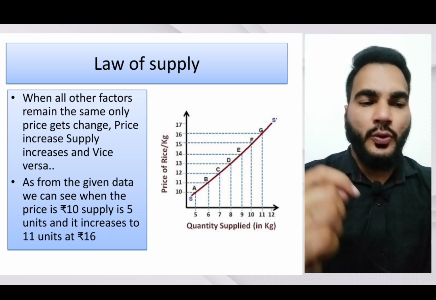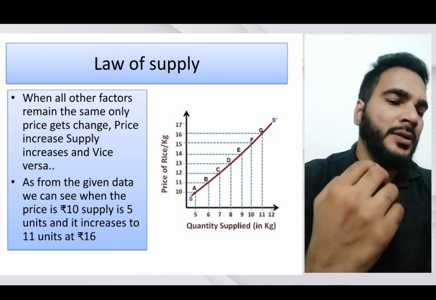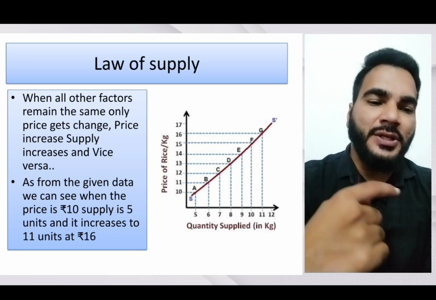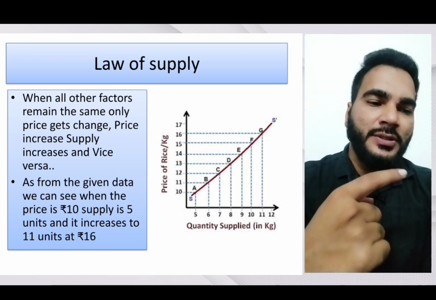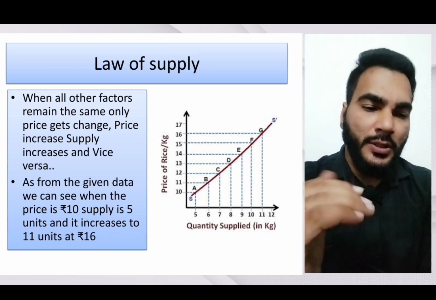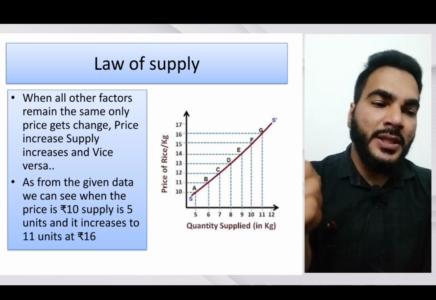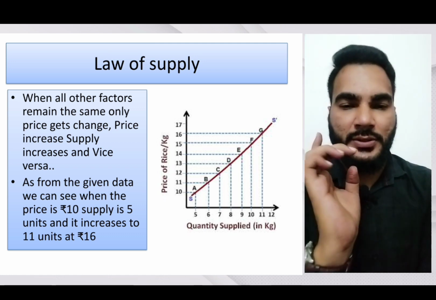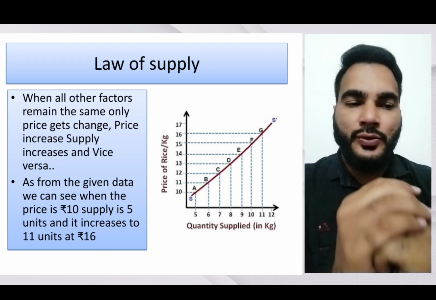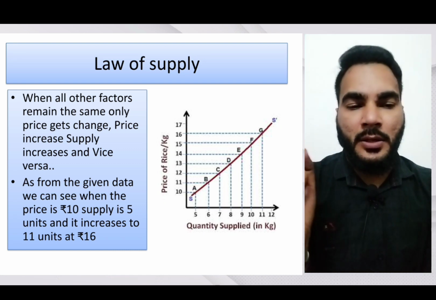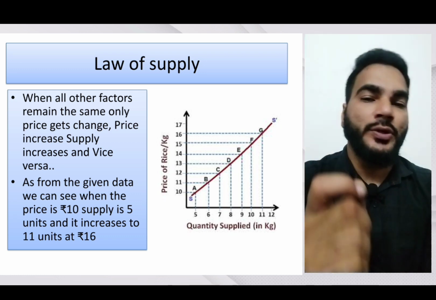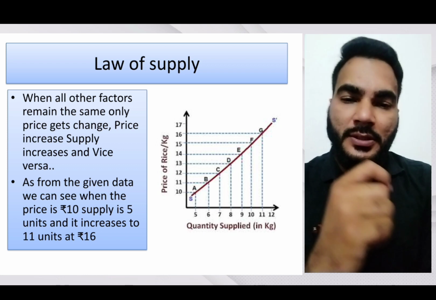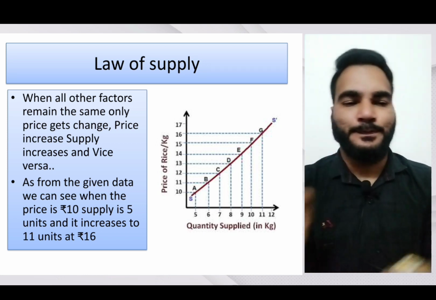But as the price increases to 16 rupees, your profit increases, and the supply also increases from 5 units to 11 units. So in the law of supply, price and supply have a positive relationship. As price increases, supply increases, and as price decreases, supply also decreases.